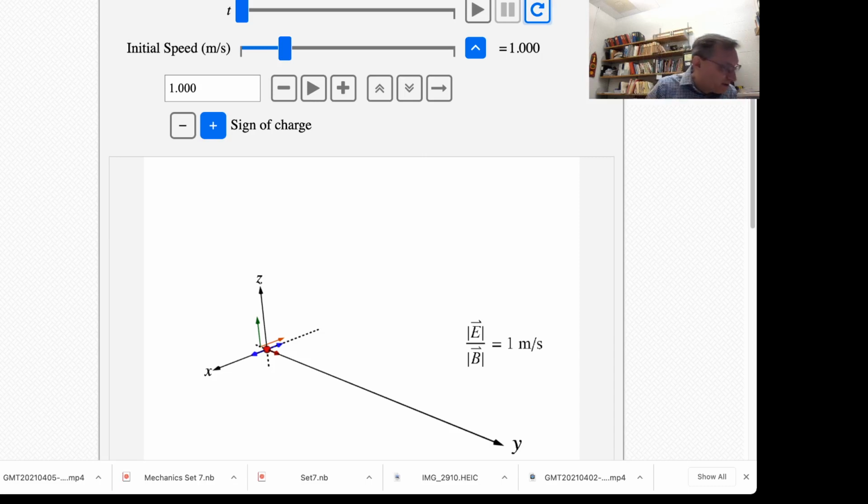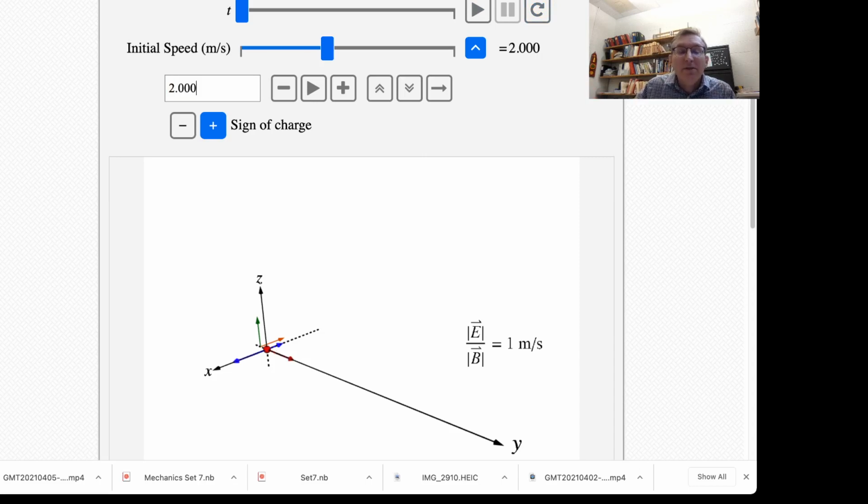So let's in fact run the animation for a speed larger than this magical speed, if you will, and a speed smaller than the magical speed. So let's run for an initial v of 2 meters per second.